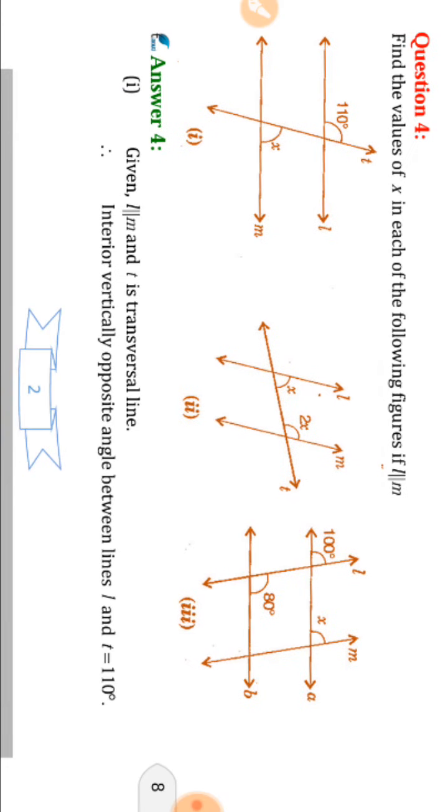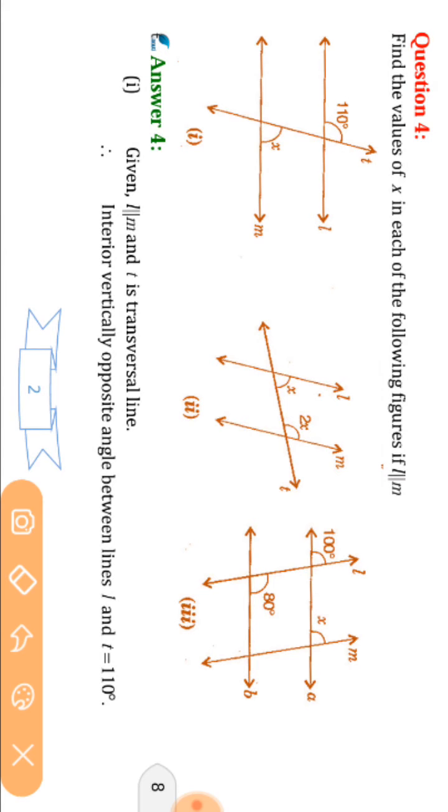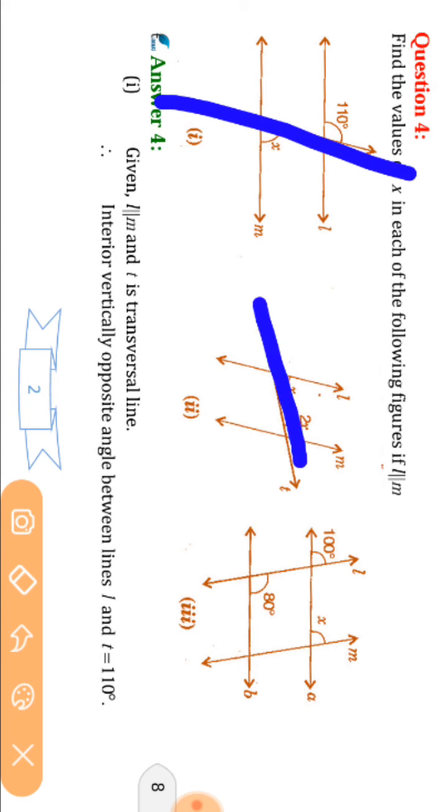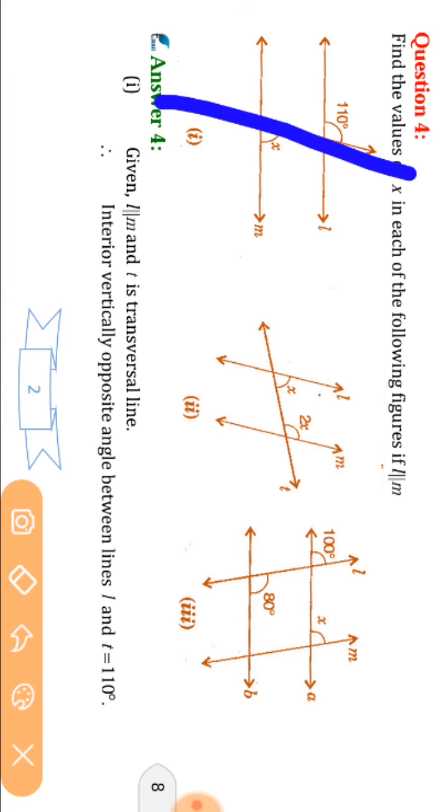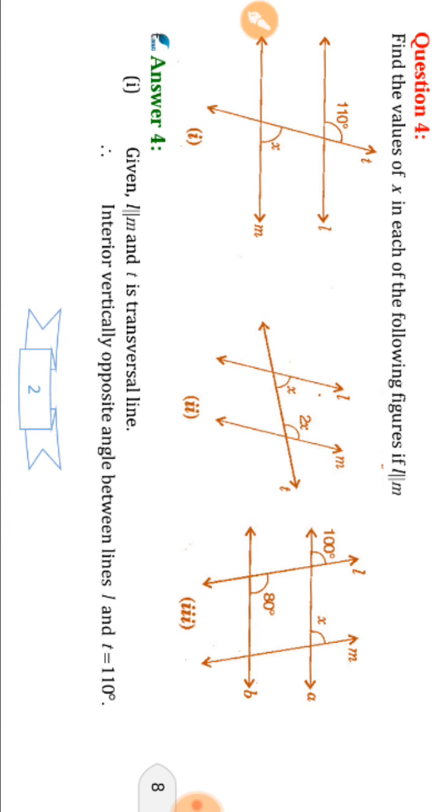Now go for the fourth question. Find the value of X in each of the following figures if L is parallel to M. If L is parallel to M, then this is a transversal line. See the first one, the X value we have to find.